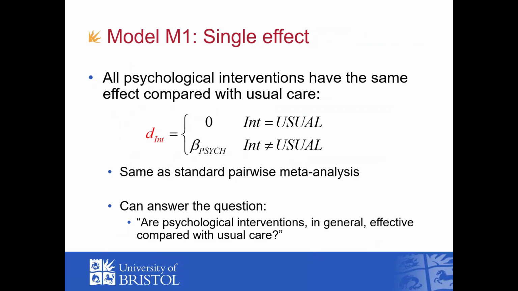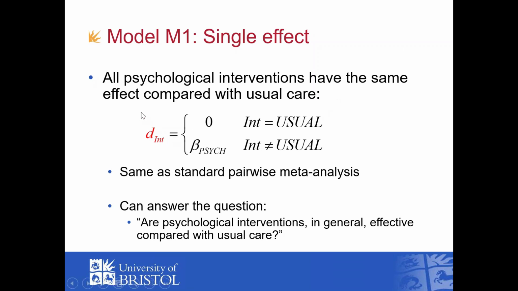Okay, so mathematically, how would we write down these four different models? In the first one, where we assume all of the effects are lumped together, our model is essentially saying that the intervention effect, the Ds, are equal to an effect of psychological interventions in general, as long as the intervention is a psychological intervention. If it is usual care, then we set this equal to 0.